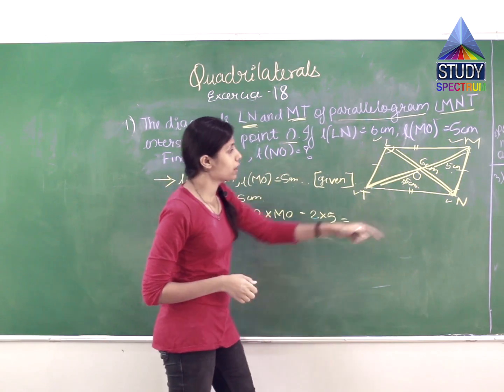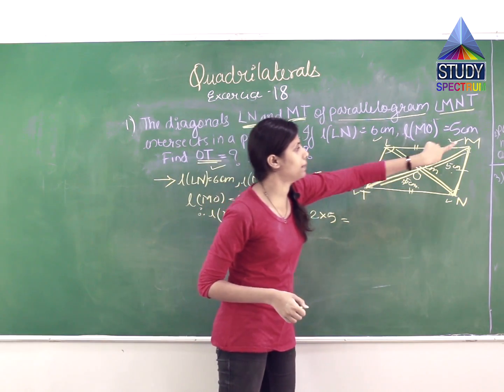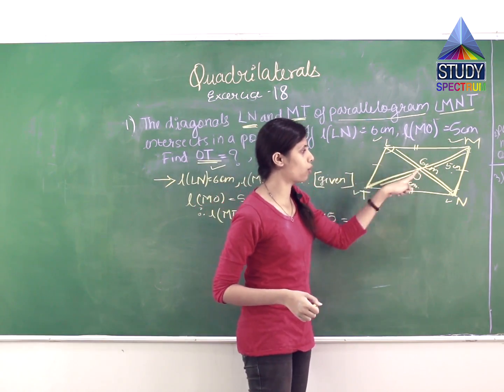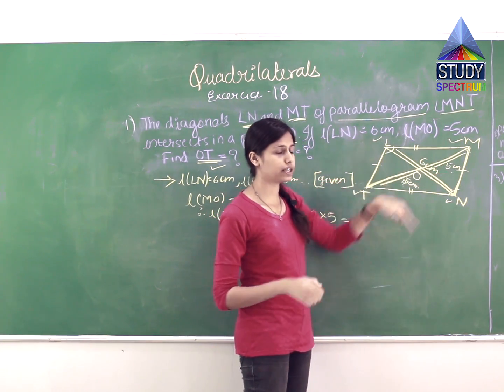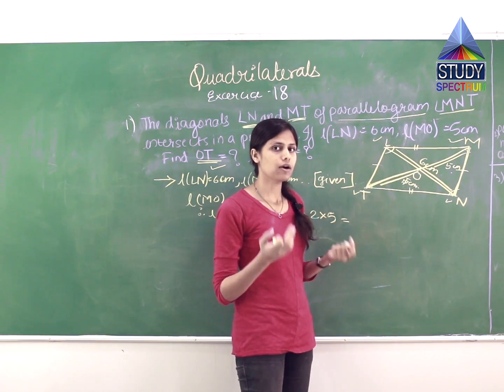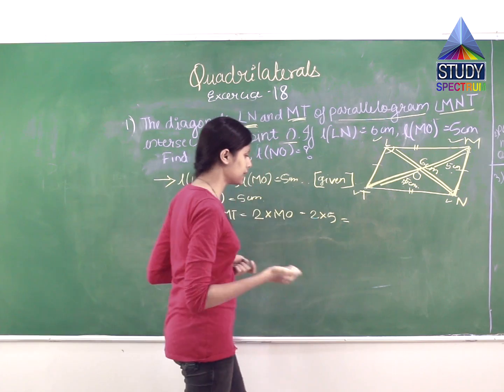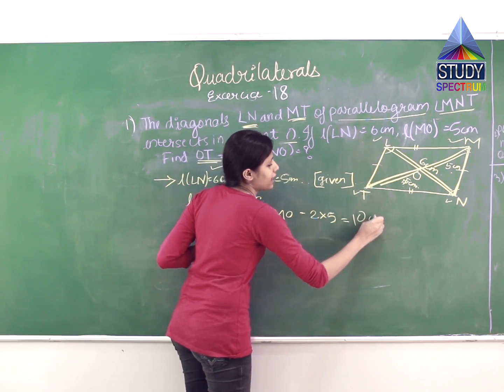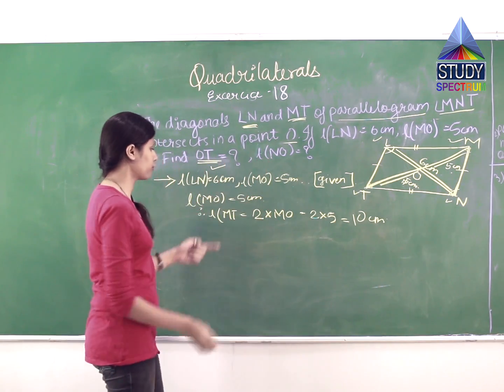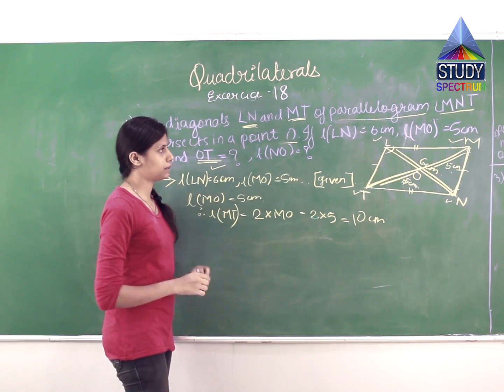Why 2 into 5? Because this MT is double of MO. So if MO is 5 centimeter, double of 5 centimeter will be what? 5 into 2, which is equal to 10 centimeter. Therefore length of MT is 10 centimeter.